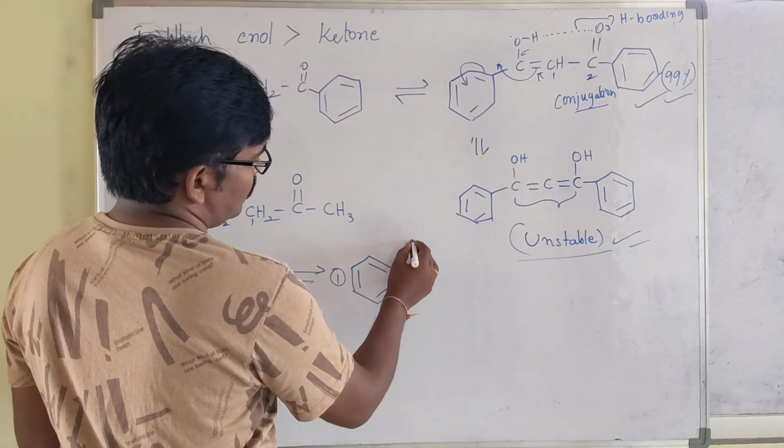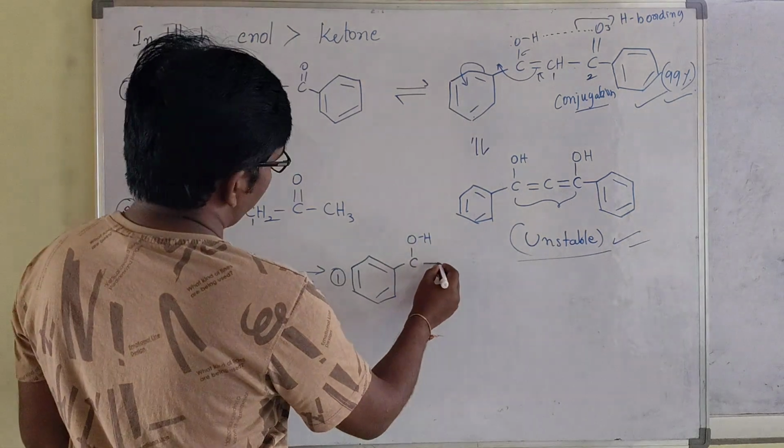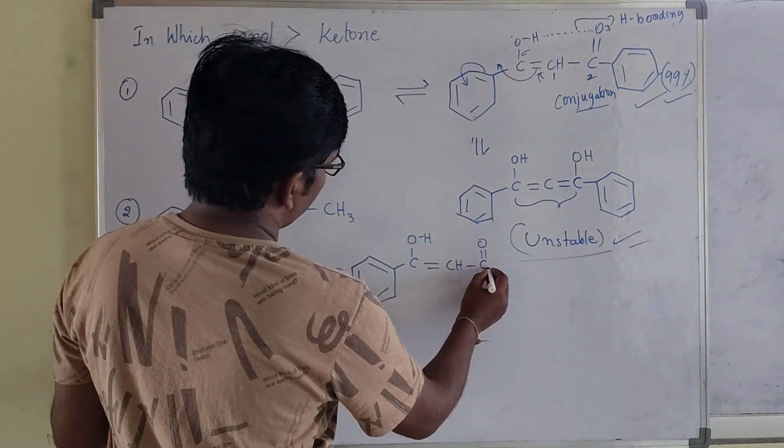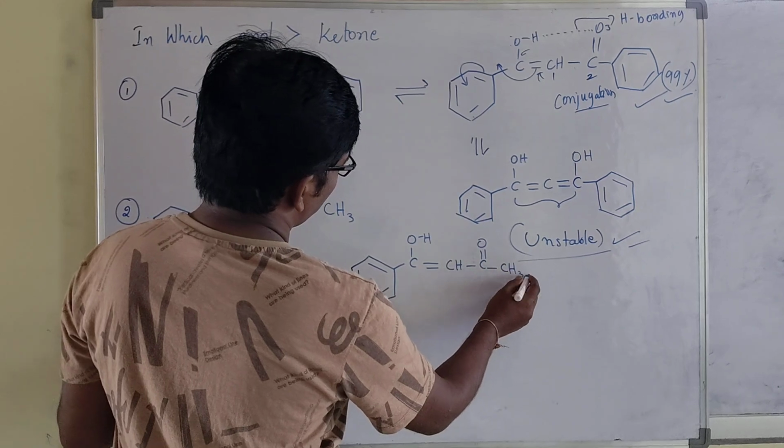It is formed like this: this has converted to OH, then double bond CH, then C double bond O, then CH3 is there, right?